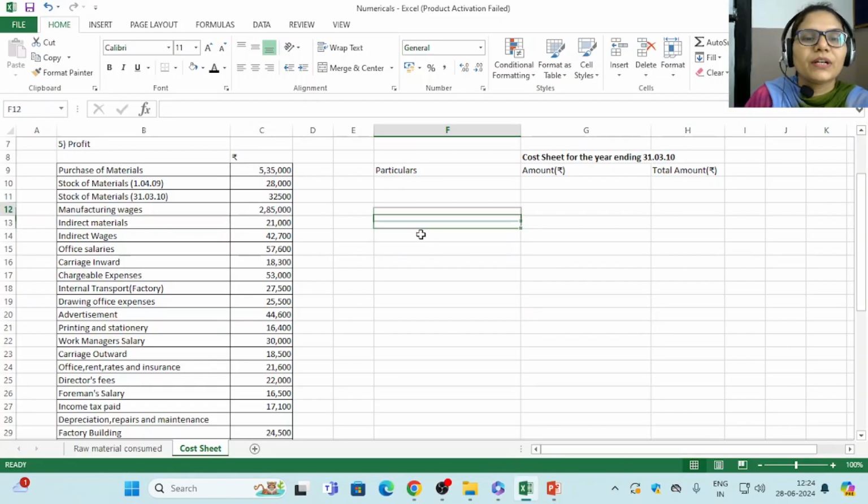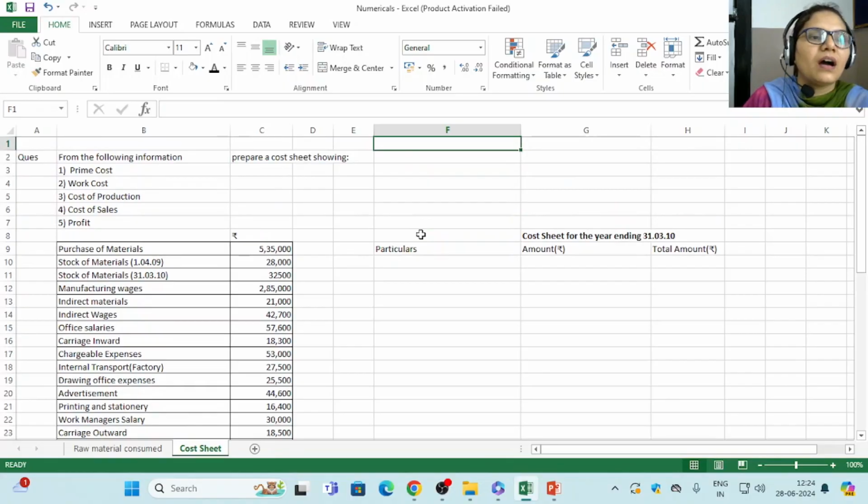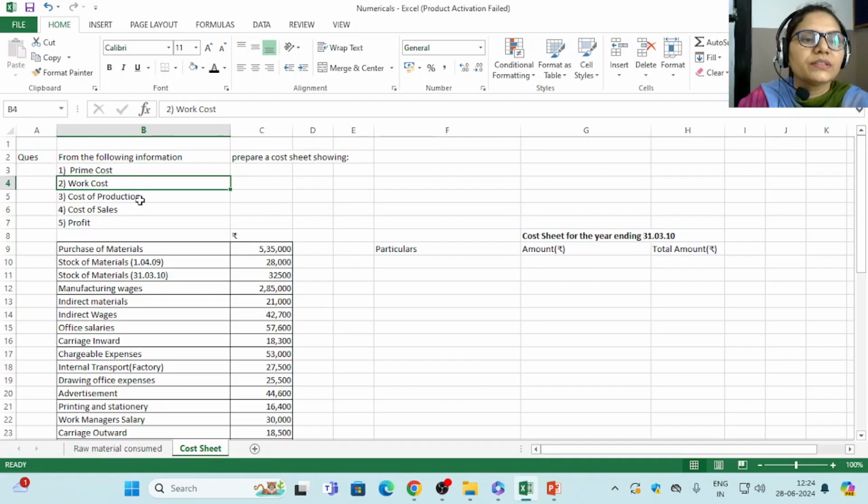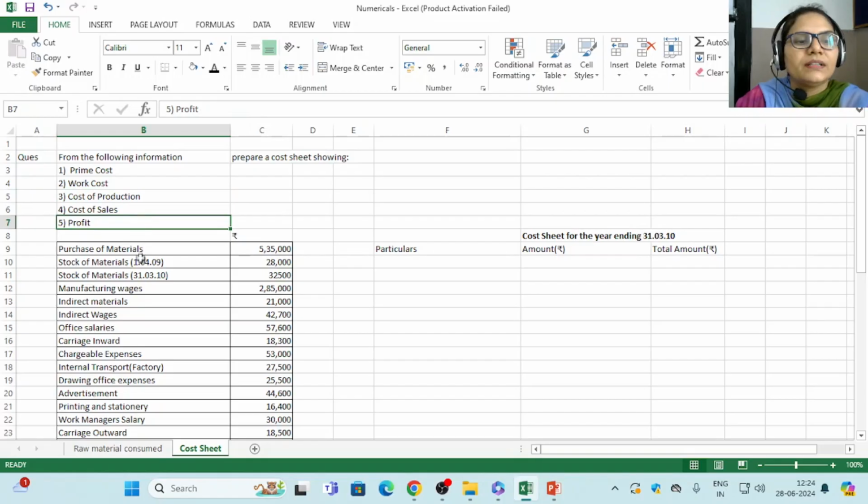In this question, we have been asked to prepare a cost sheet showing prime cost, work cost, cost of production, cost of sales and profit. This is the full question.